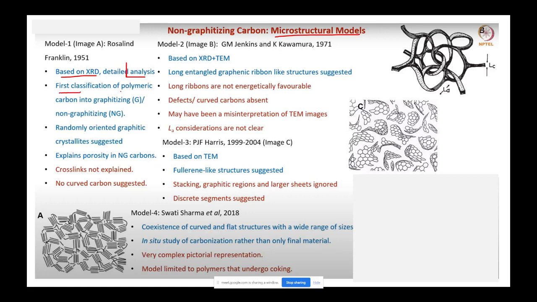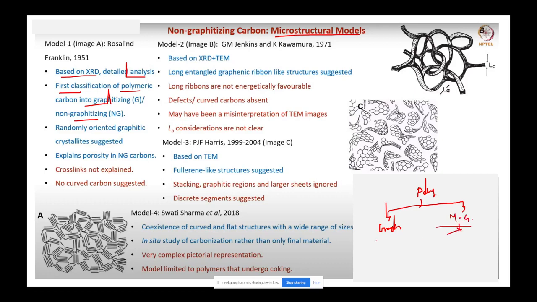First, a classification of polymeric carbon into graphitizing and non-graphitizing. So what they did was classify the polymeric carbon into two: graphitizing, and the second one, non-graphitizing.